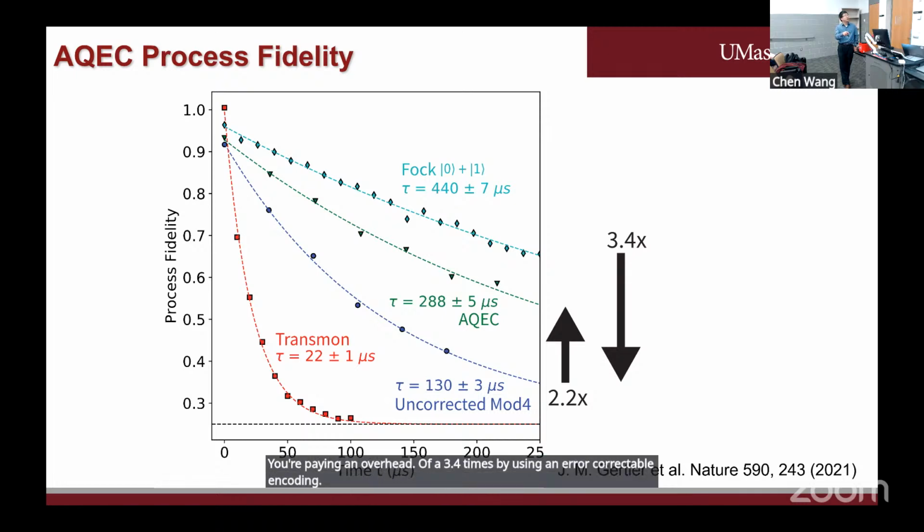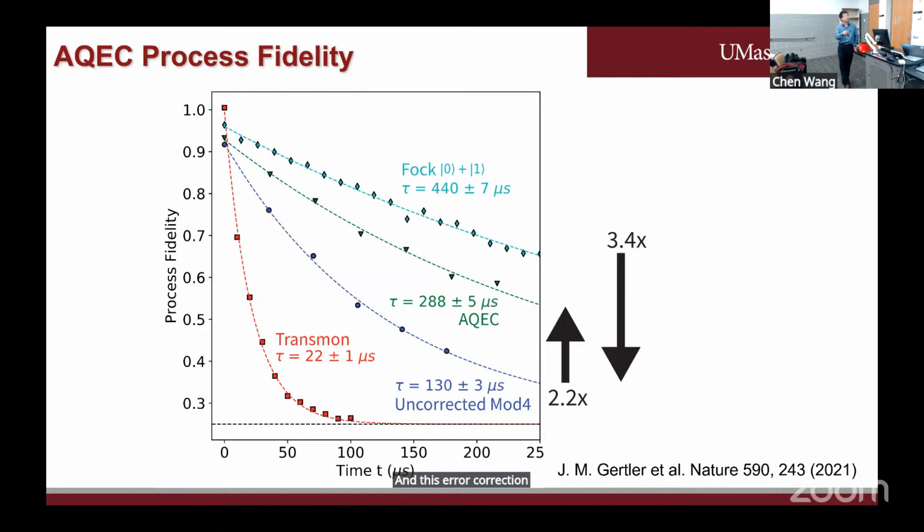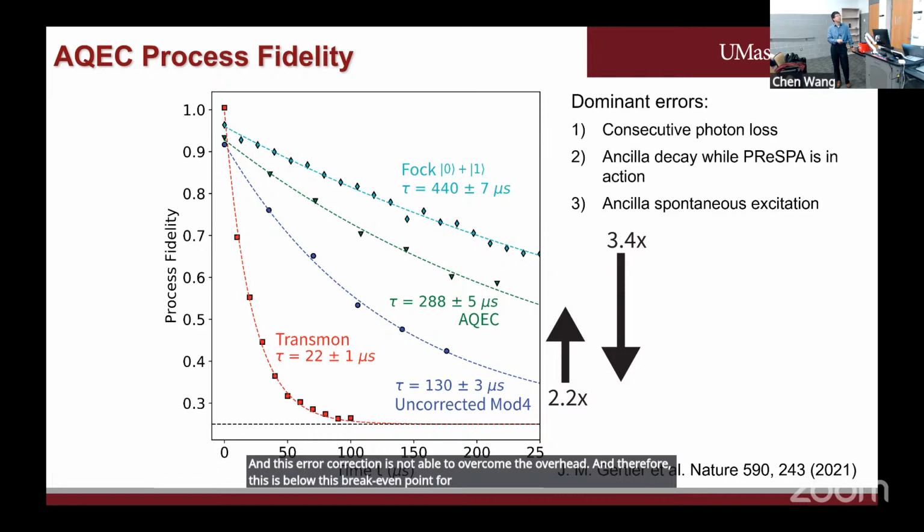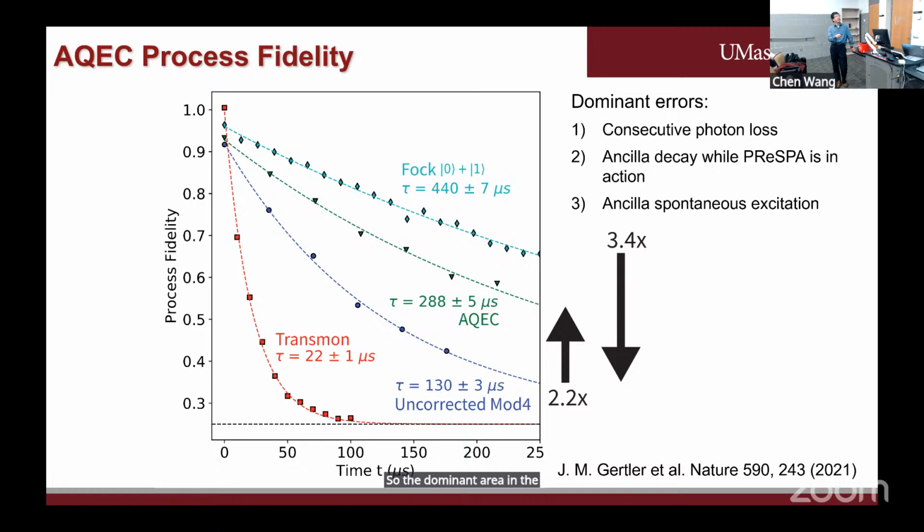And this error correction is not able to overcome the overhead, and therefore this is below the break-even point for this generation of experiment. So the dominant error in the process, one is that the correction is not fast enough.